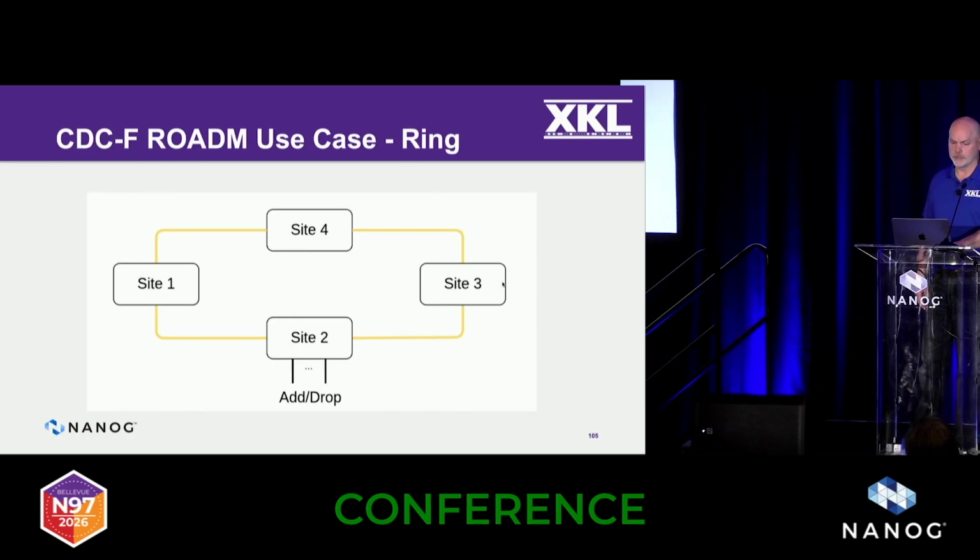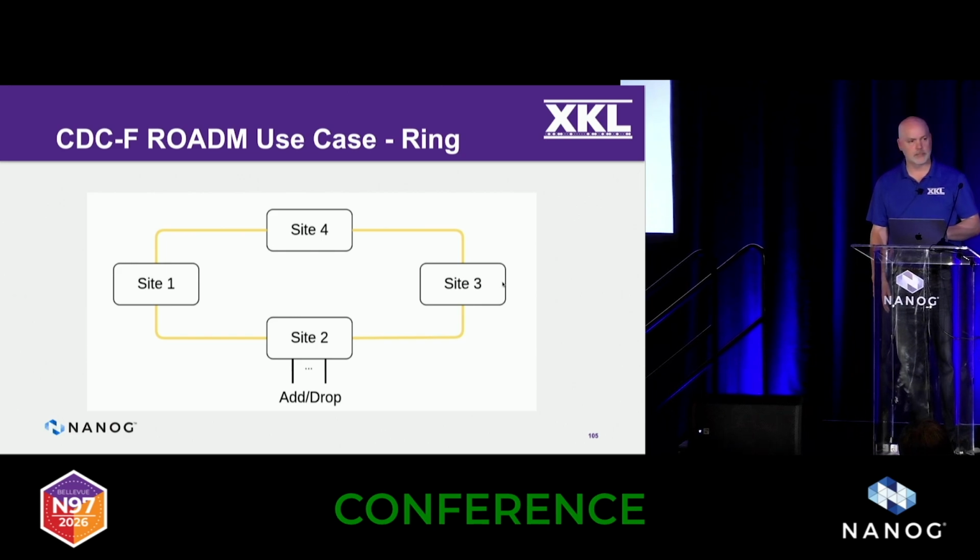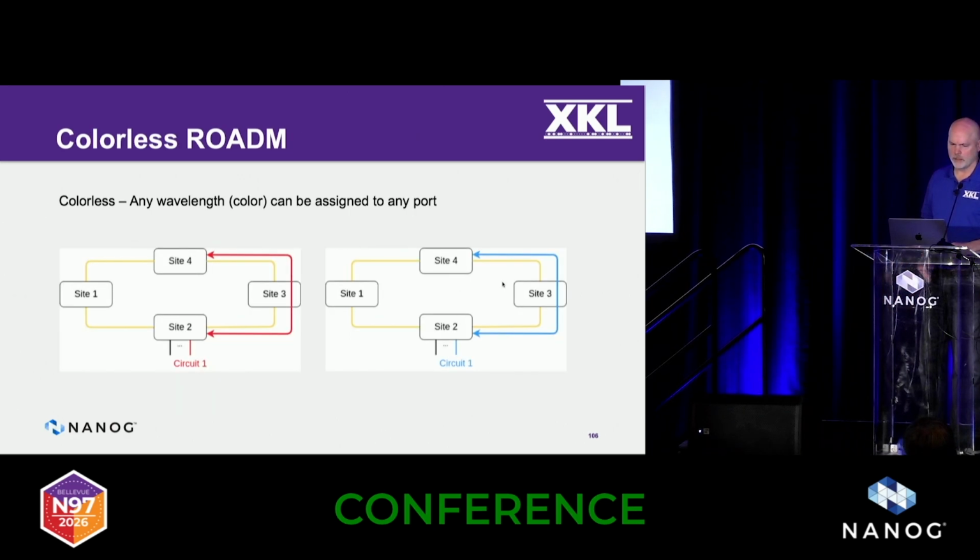So I'm going to use an example here. I have a 4-node ring, and all the sites have add drop, but I've just labeled site 2 here with some add drop. A colorless ROADM means any color can be assigned to any port and be reconfigured. So in this example, on the left, circuit 1 is red. I've made it a frequency, we're using the color red.